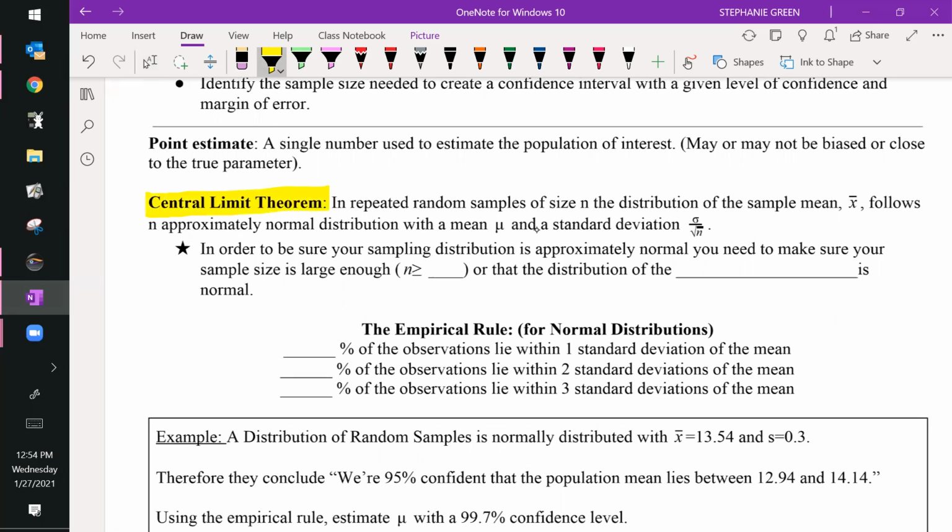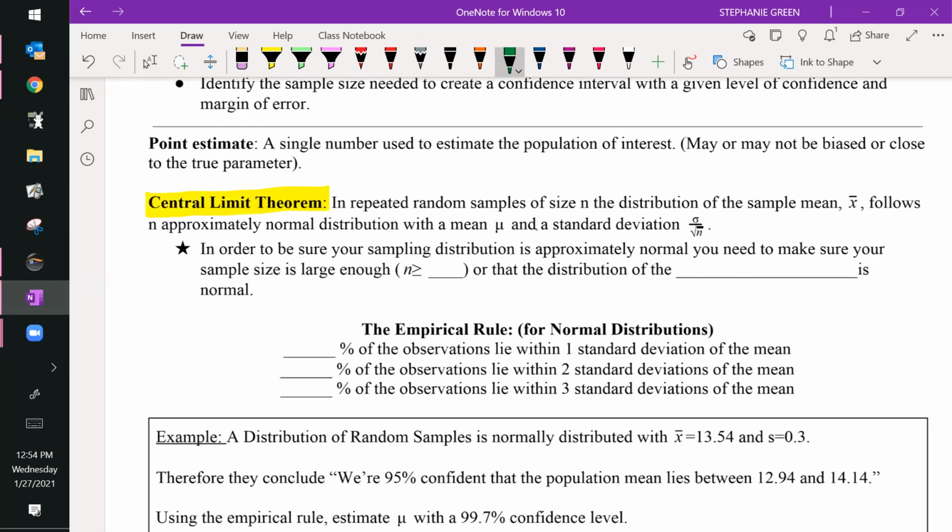The central limit theorem gives us two additional ways that we can say that a sampling distribution is normal, okay? The old school way from last semester, which we are going to have to go back to at some point, is that we actually plot the data and look at the shape of the data and plot a normal quantile plot and see if it's linear.